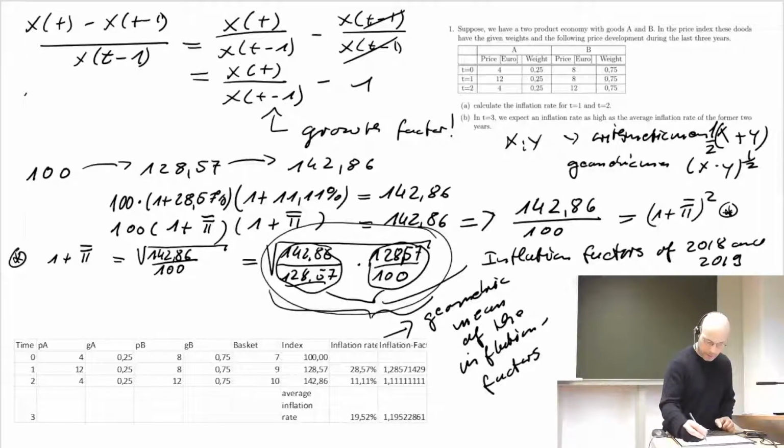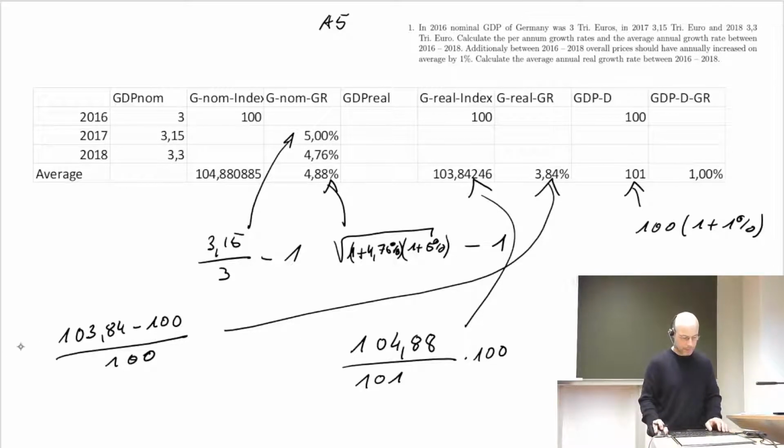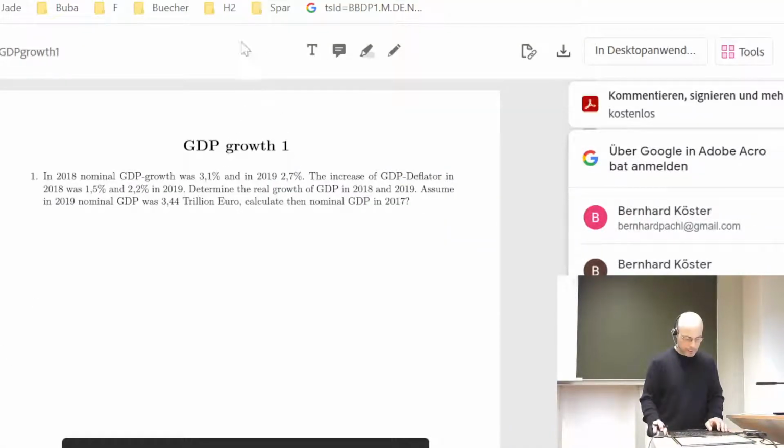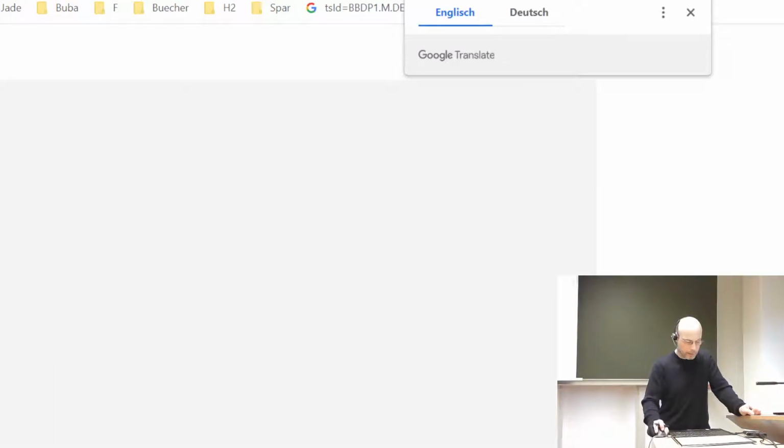Then this was A4. And this was then supposed to be A5. So then let's move to the general overview A1.